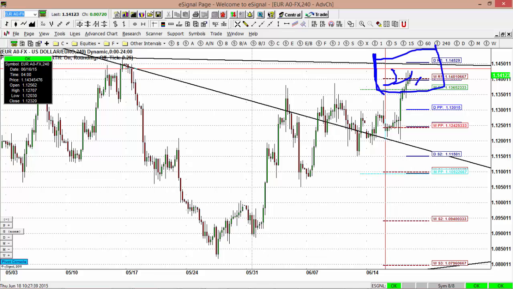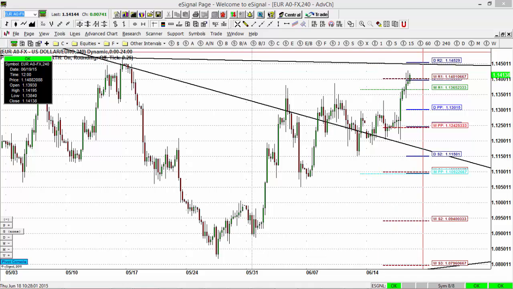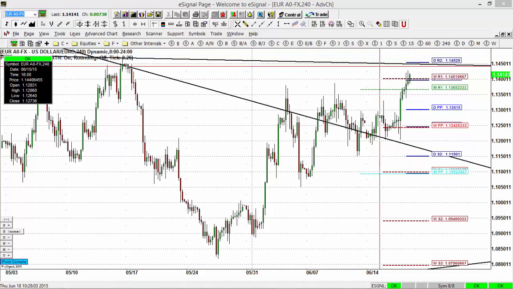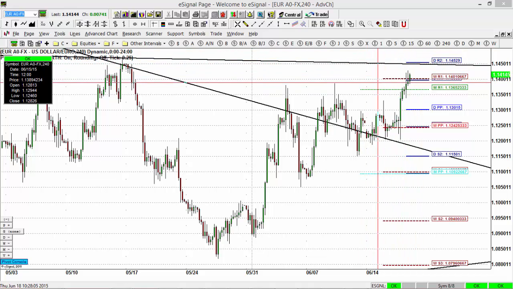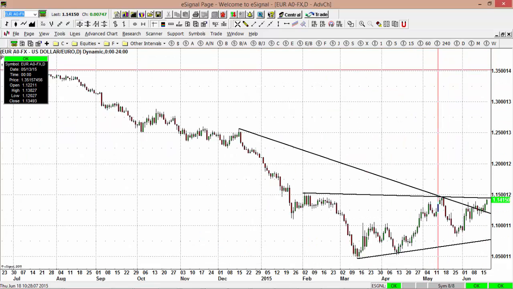If we break above this area, that will signal to me that the bulls are firmly in control and we're in for a larger rally. But for you short-term momentum players, definitely look at this area as resistance.